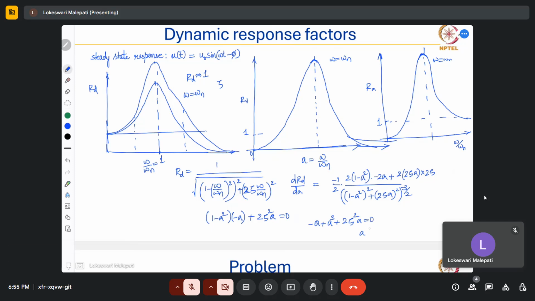So we have minus 1 plus a square plus 2 zeta square. That means a is equal to square root of 1 minus 2 zeta square. We are considering only the positive value because this ratio will always be positive.